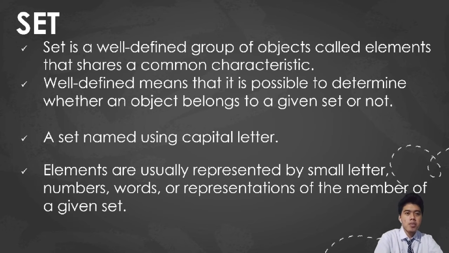Like earlier, we know that the group of fruits is apple, banana, and orange. It is well-defined, which is a set of fruits. The shapes, triangle, square, pentagon, are also well-defined, which is a set of shapes. And lastly, we have pig, cow, and elephant, which we know to categorize as a set of animals. So, it should be a well-defined group of objects for us to call it a set.